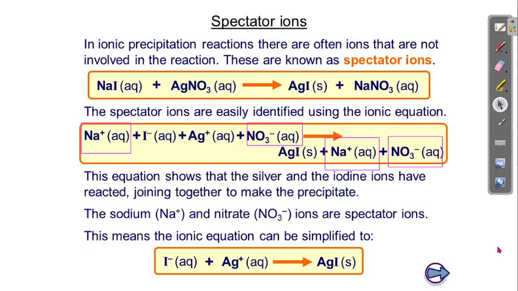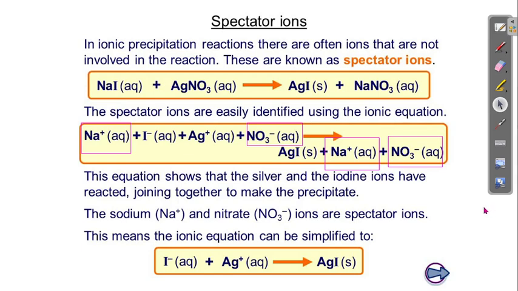This equation shows that the silver, here's your silver, and the iodine, right here, have reacted. Okay, here you go. It's one of the products, joining together to make that precipitate. So basically they go at the bottom of your aqueous solution. Remember that AQ in parentheses means in aqua, in water. So this is solid and this is in aqua, in water. So this solid has precipitated to the bottom of the beaker.